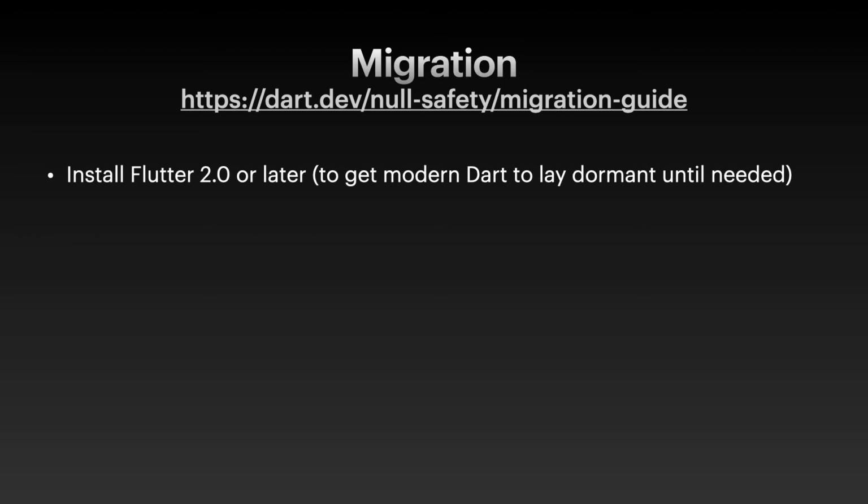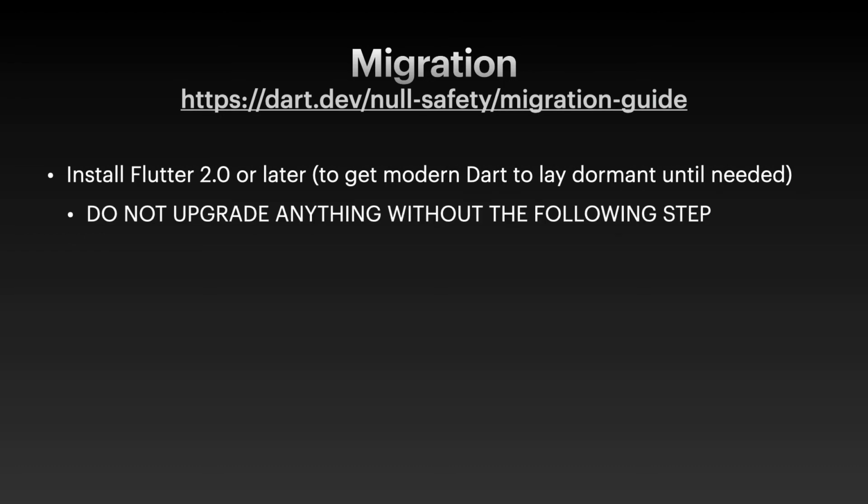It does not mean that. The pub spec still rules. If it says 2.10 or even 2.7 or 2.6 or whatever, that's the version you're running, because 2.12 and later know how to act like 2.10 and earlier. That's not a problem. Okay. So first, Flutter 2.0, always. Gonna need that anyway, so might as well get it going.